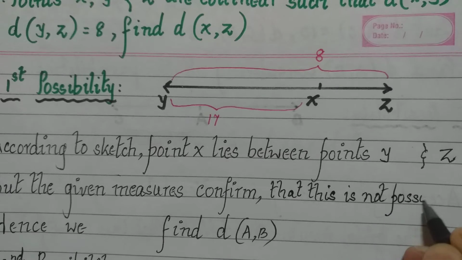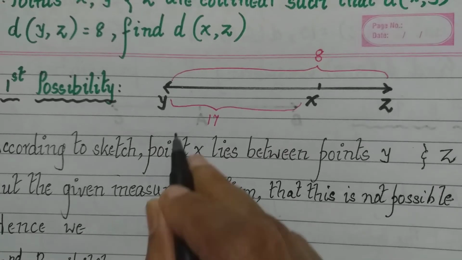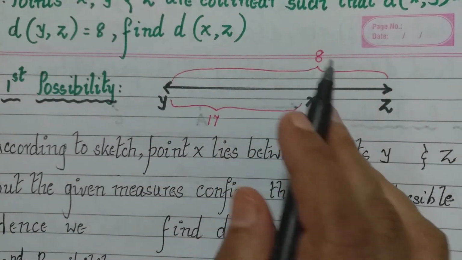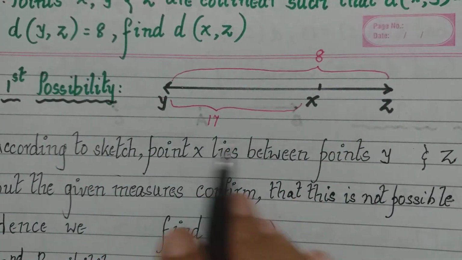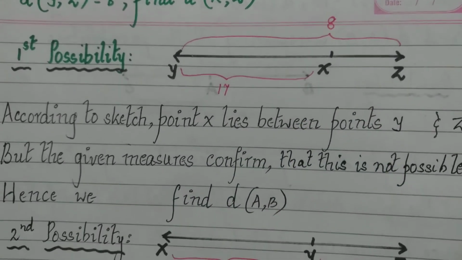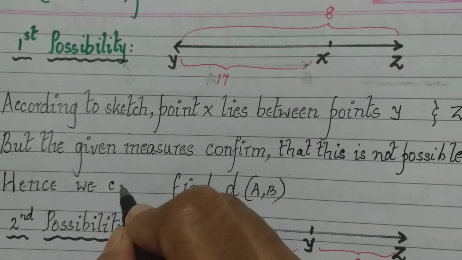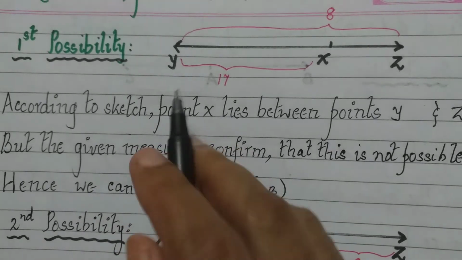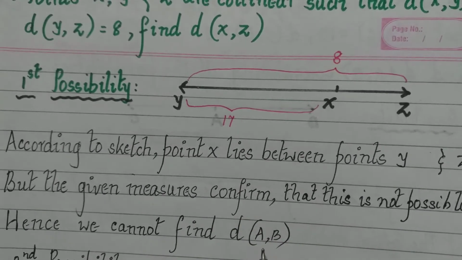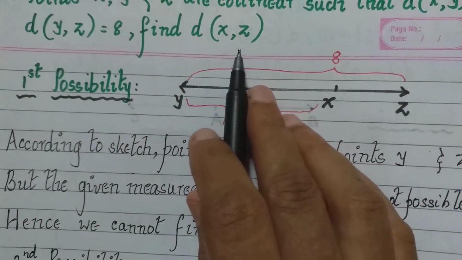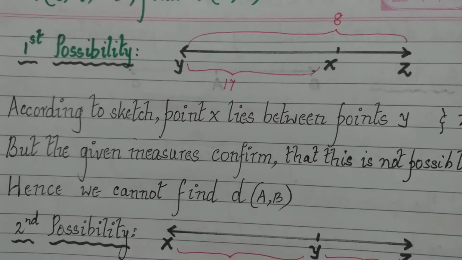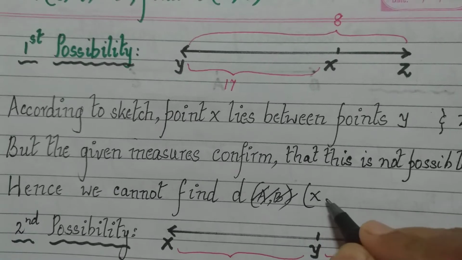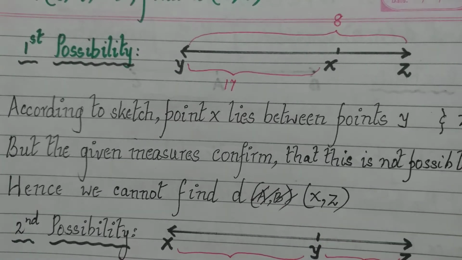Why is it not possible? Because we saw that this measure 17 is a small distance, but this measure which is 8 is a greater distance than that, which is contradictory. Hence we cannot find the distance between the points, not A and B. What is the distance here? We have to find the distance between x and z. So we correct this. It is the distance between the points x and z.